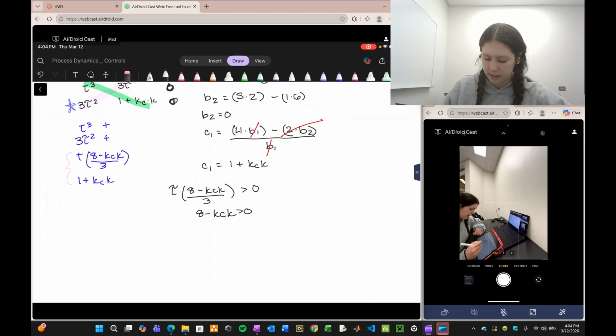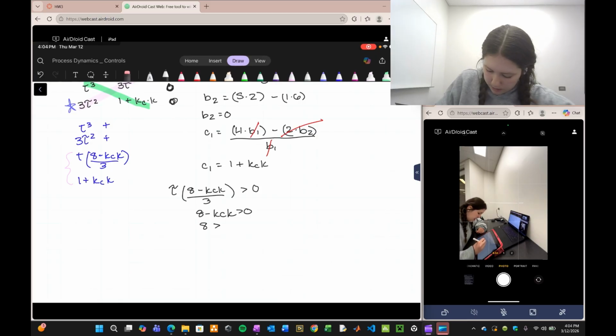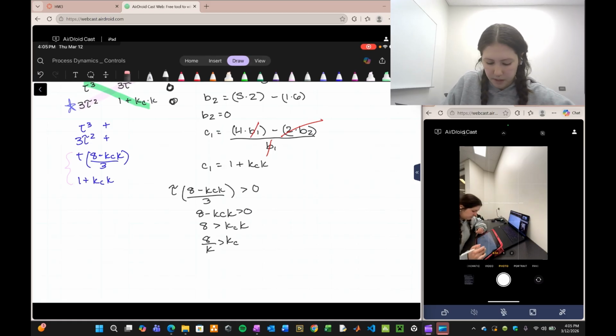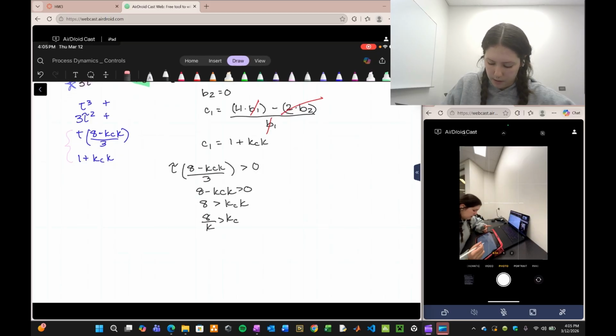So if we add it to the other side there, we get 8 is greater than KcK and then divide by K, so 8 over K must be greater than Kc. And then similarly, for the other one, we have 1 plus KcK. You want that to be greater than 0.